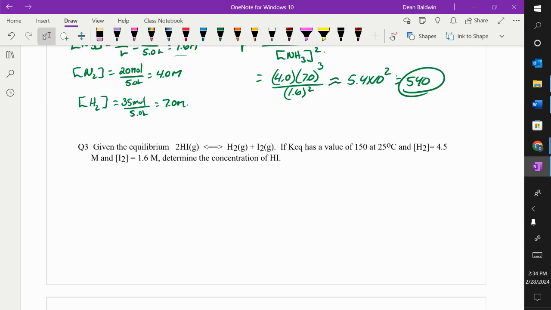This is just like a math problem. Write out the KEQ expression: H2 times I2 over the concentration of HI squared. And then just plug in everything you know. So KEQ is 150.